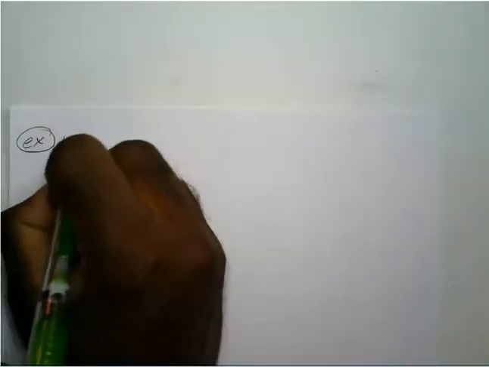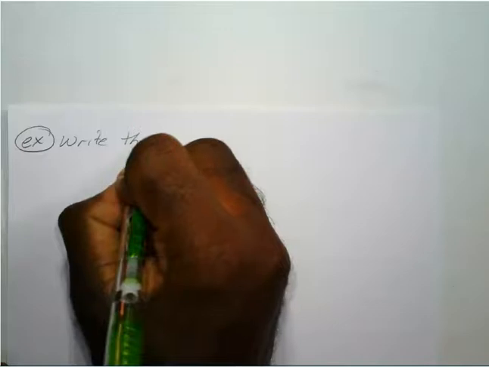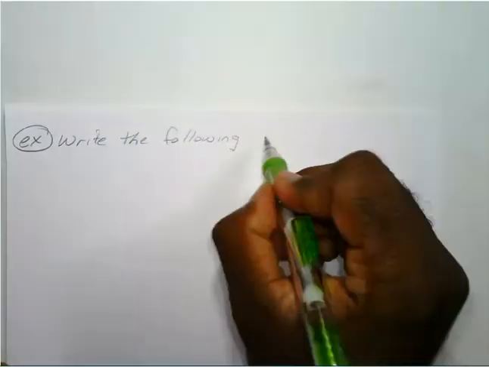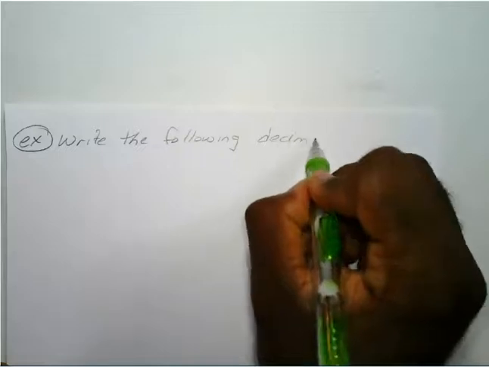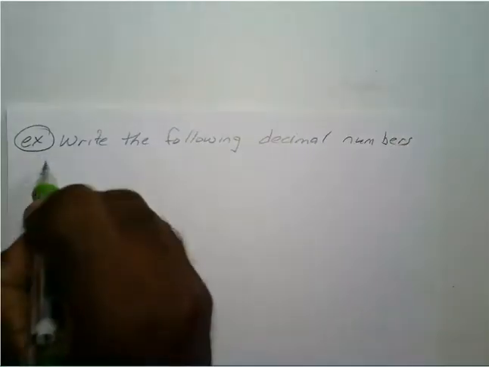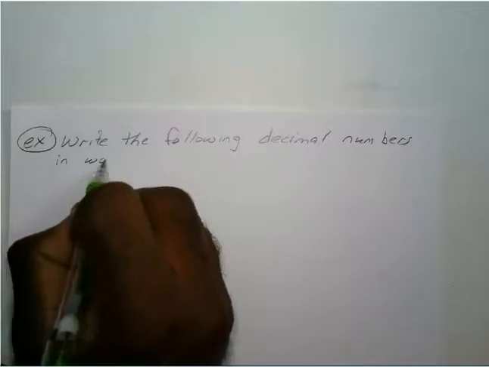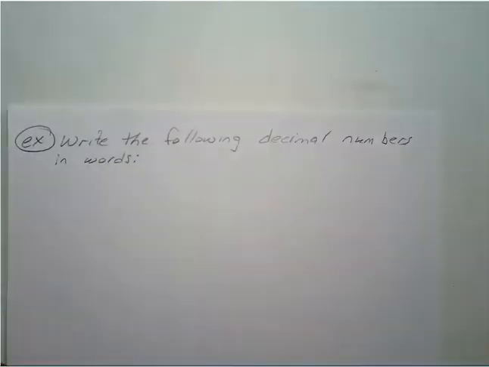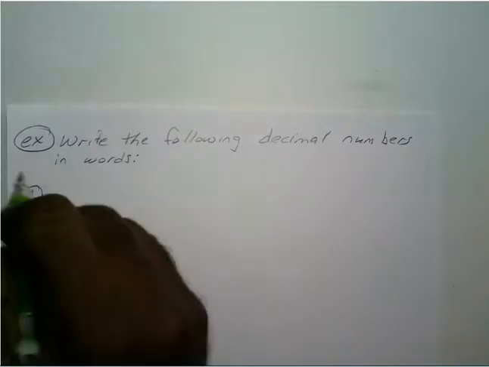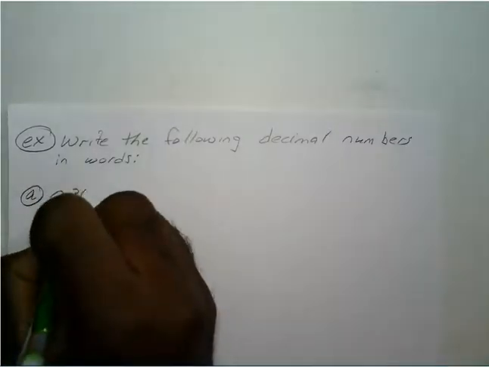All right, so example. Write the following decimal numbers in words. For problem A, we have 0.36.